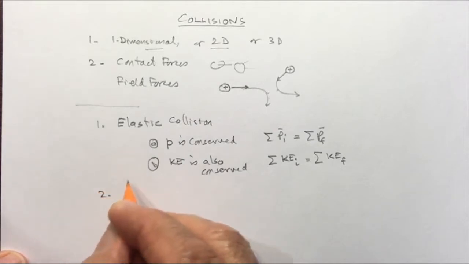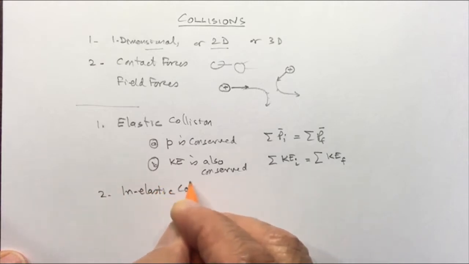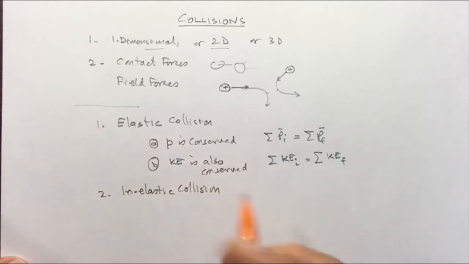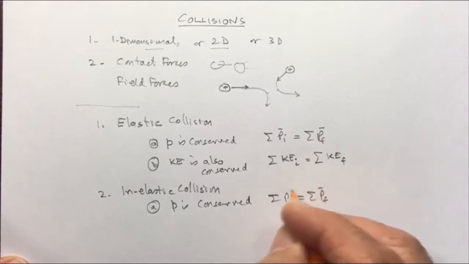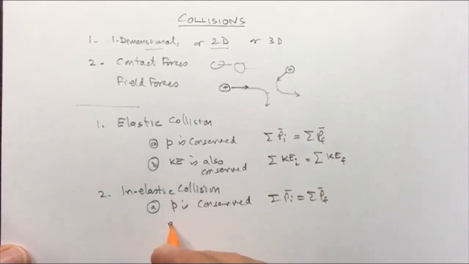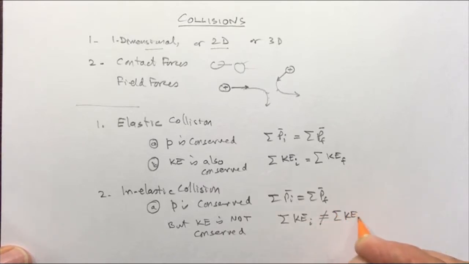The second type is the inelastic collision, in which the momentum is conserved, so the sum of momenta initial is the sum of momenta final, but kinetic energy is not conserved, which means that the sum of the kinetic energy initial is not equal to the sum of the kinetic energy after the collision.